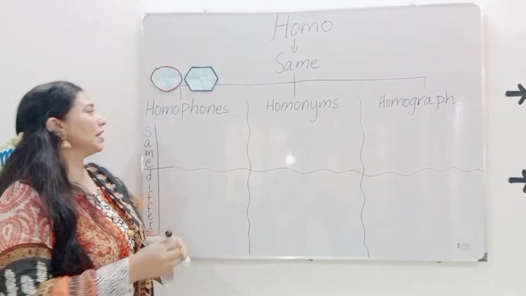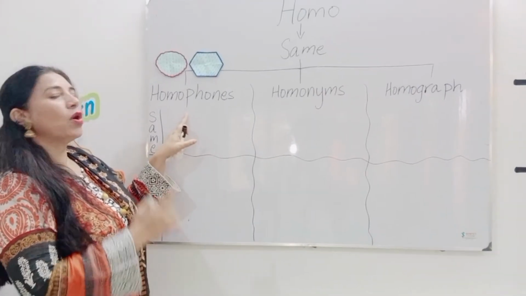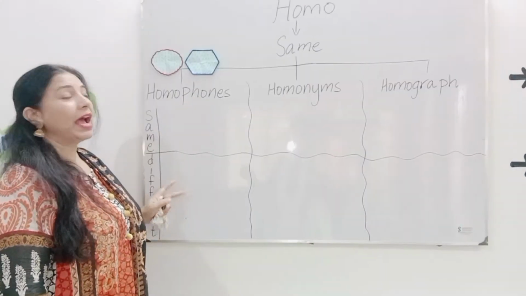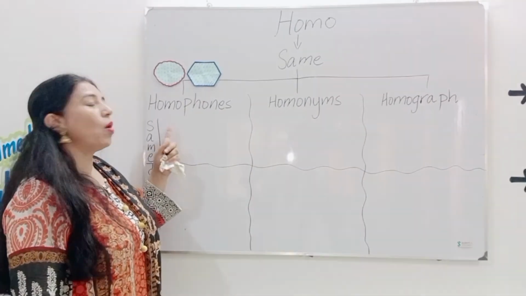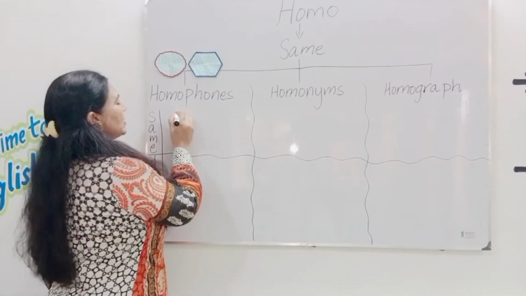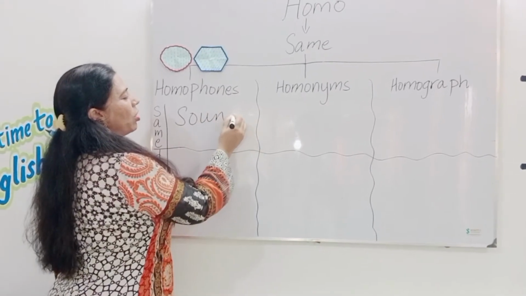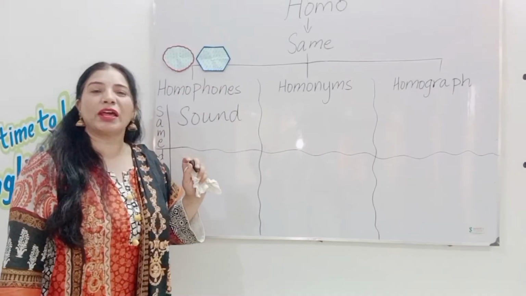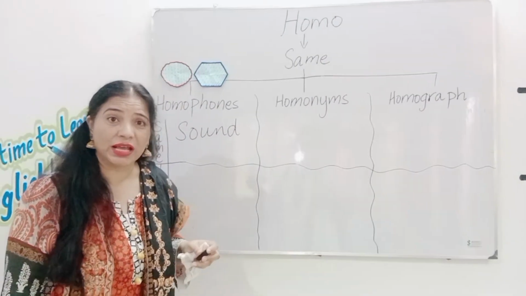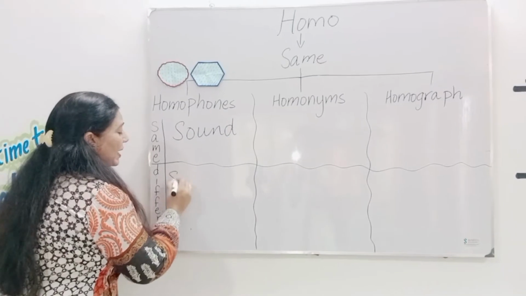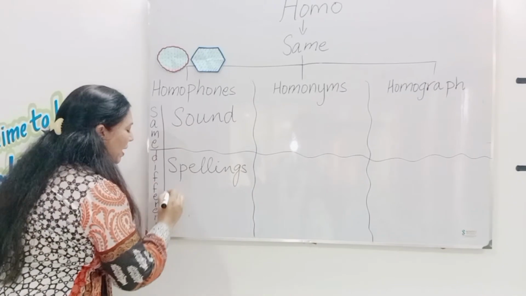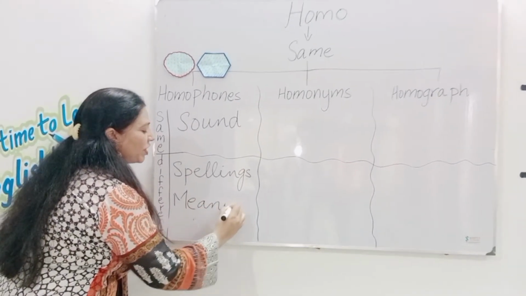Similarly, homophones have one similarity in their pair of words and 2 differences. And what is that one similarity? How are homophones the same as each other? They have the same sound. Or in other terms we say, the pair of words of homophones will have the same pronunciation, but their spellings and their meanings will be different from each other.